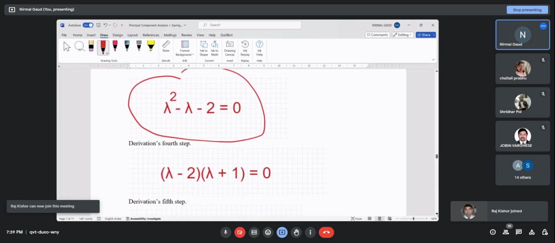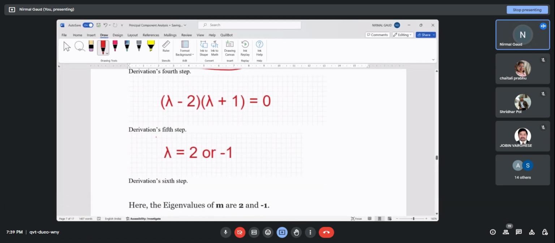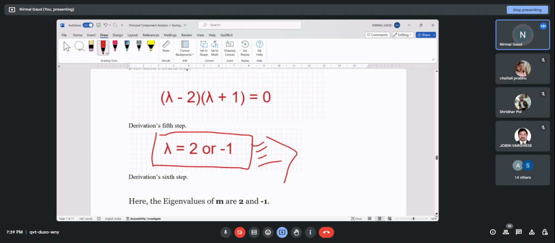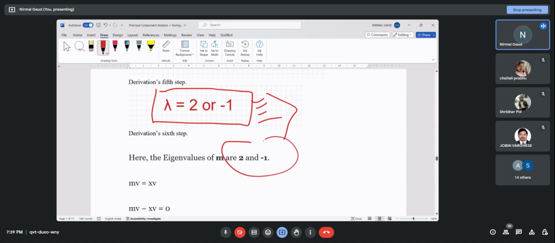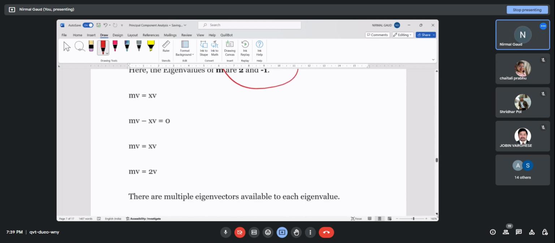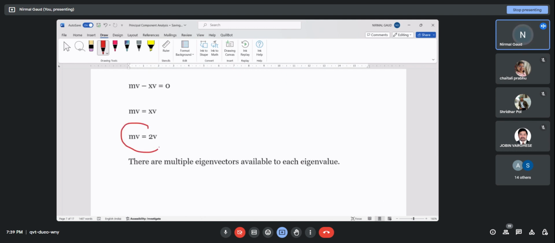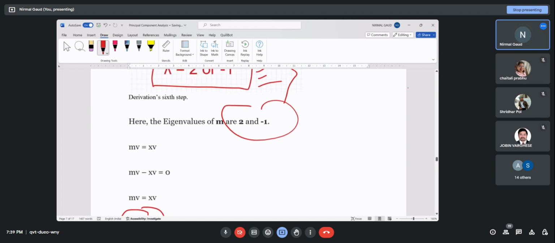Here we are getting lambda equal to 2 and minus 1. These are the two eigenvalues. Then you resubstitute these values into the equation: first substitute 2, then substitute minus 1.